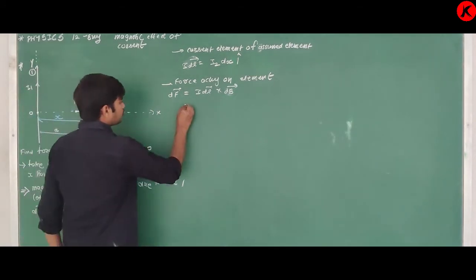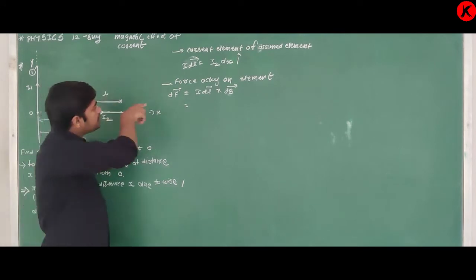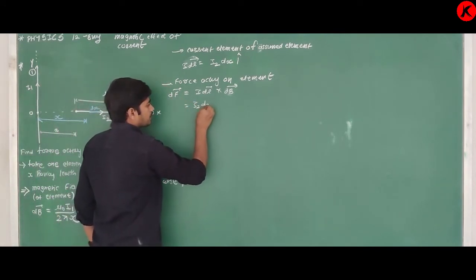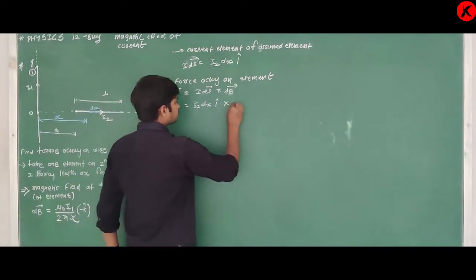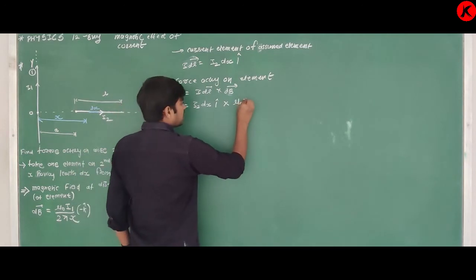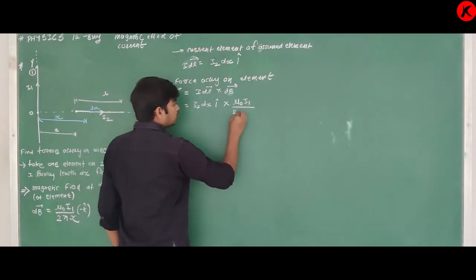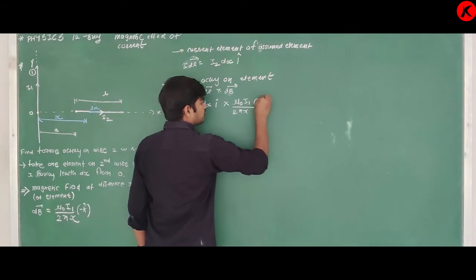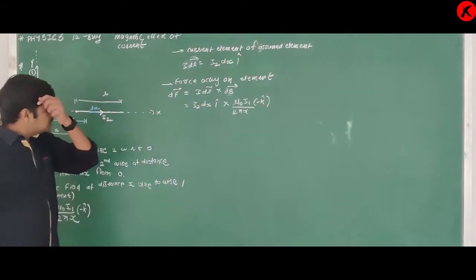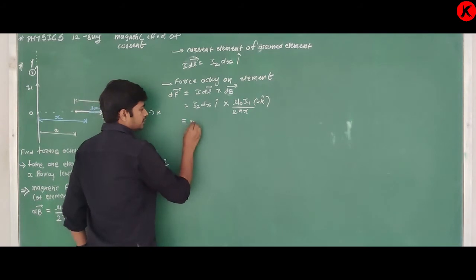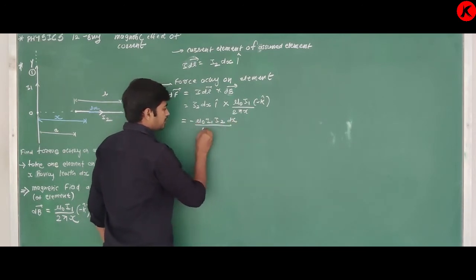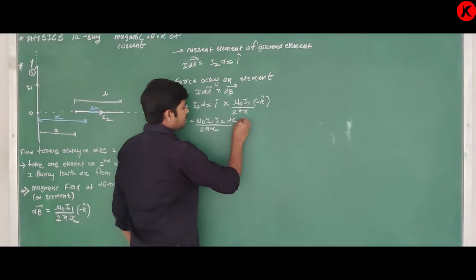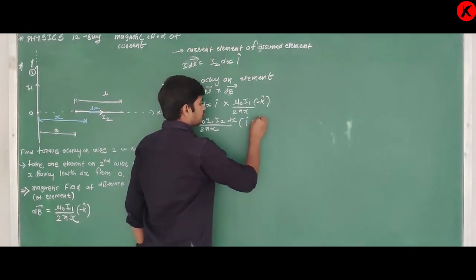Now I dl is I2 dx i caret, cross the value of dB, which is mu 0 I1 upon 2 pi x, minus k caret. Clear about this? So I can write this minus here: mu 0 I1 I2 dx upon 2 pi x, and in brackets i caret cross k caret.